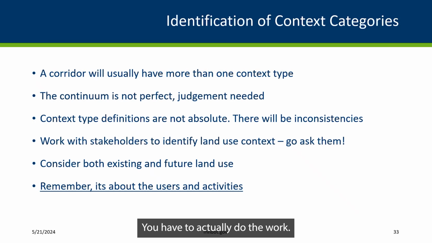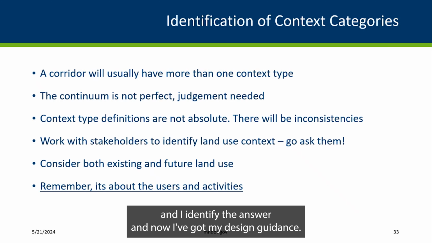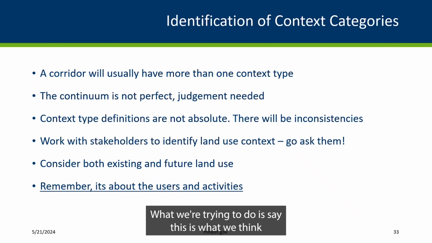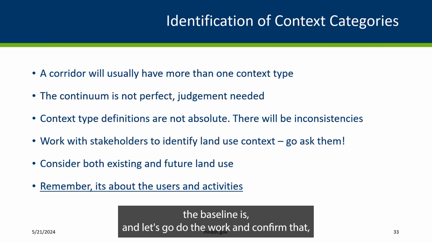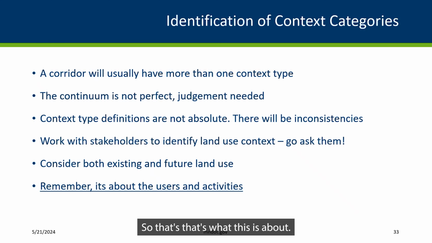You have to actually do the work. It's not intended to be that I go to the table, identify the answer, and now I've got my design guidance. That's not what we're trying to do. What we're trying to do is say, this is what we think a baseline is, and let's go do the work and confirm that. Talk to people, talk to the locals, all that kind of thing. So that's what this is about.